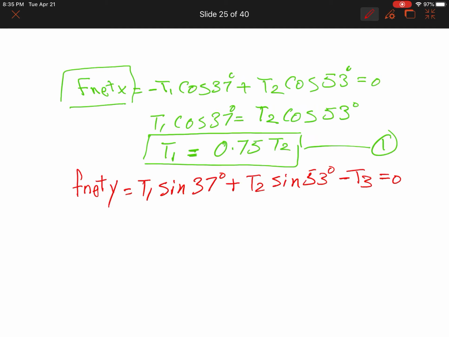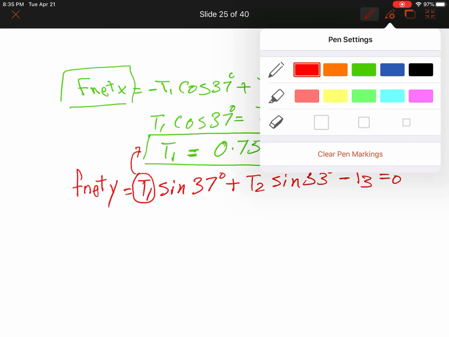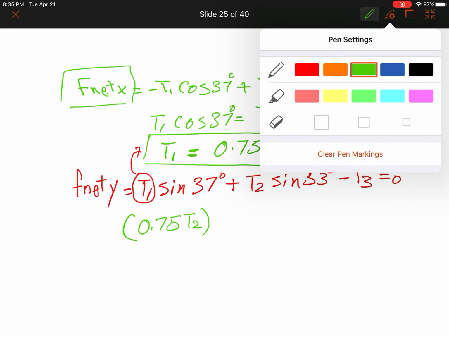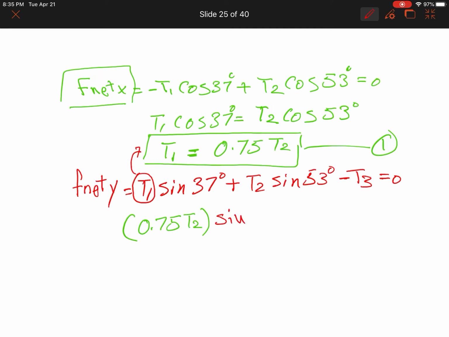Before we solve, we can substitute this with that equation. So this equation turns into 0.75 T2 sine 37 plus T2 sine 53 equals 122.